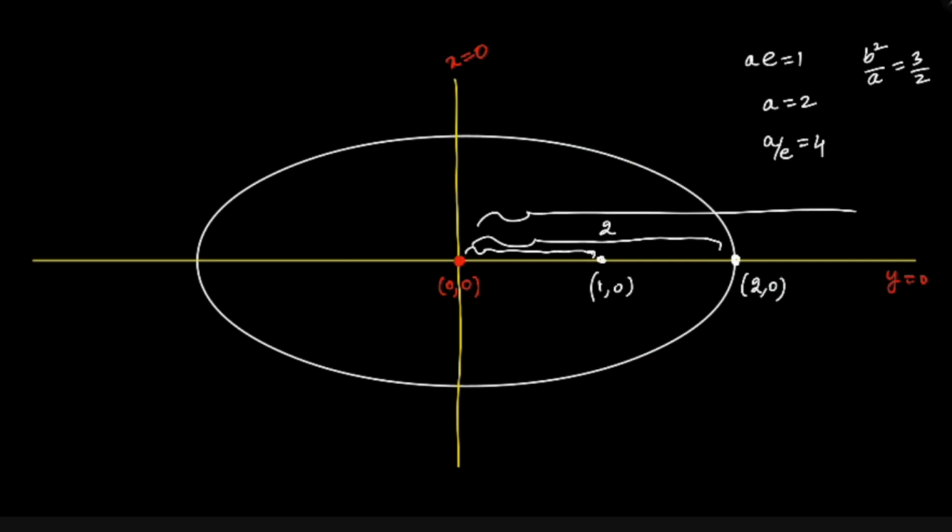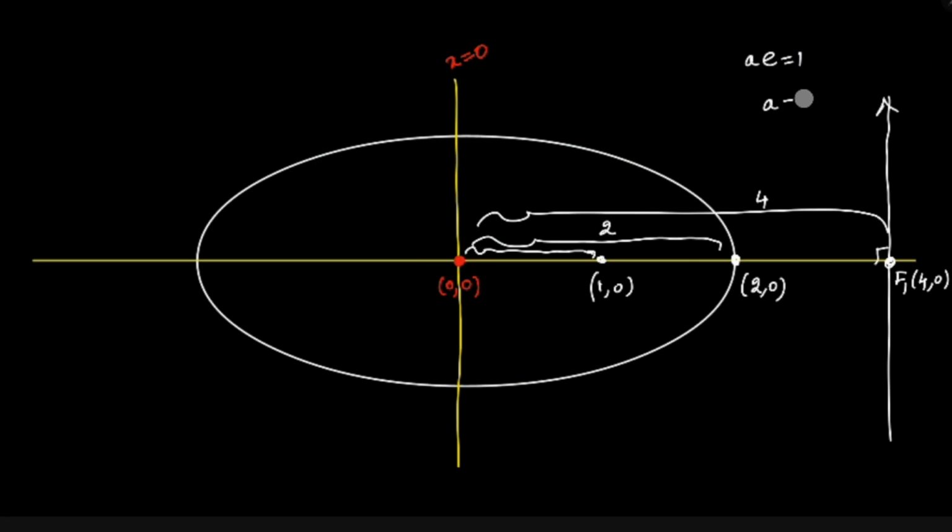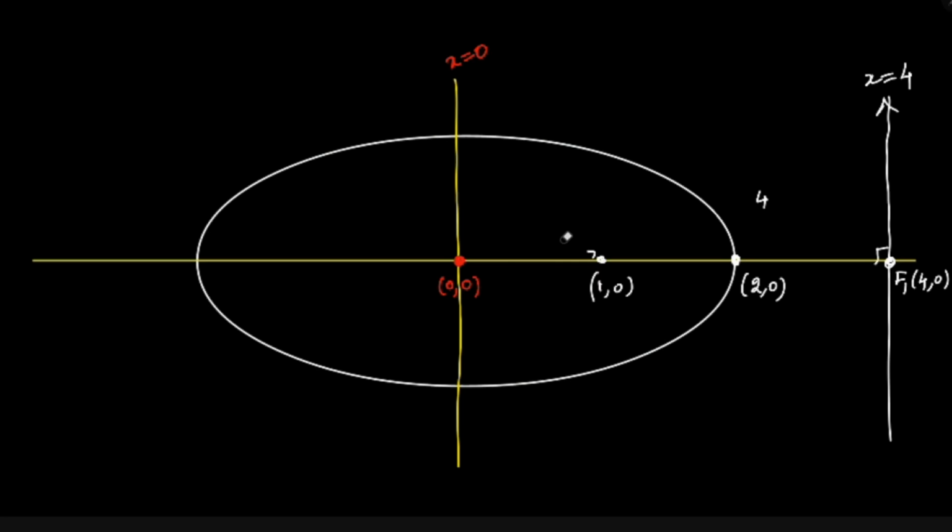Center to foot of the directrix, 4 units distance. That means the foot of the directrix is 4, 0. So what is the equation of the directrix? It's a vertical line passing through 4, 0, so x equal to 4. All right, so these things we should understand. These distances are important. Don't memorize the coordinates by heart.